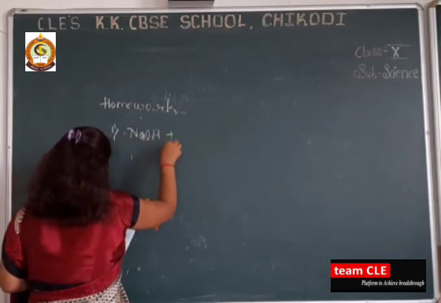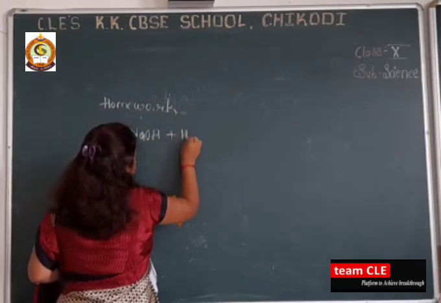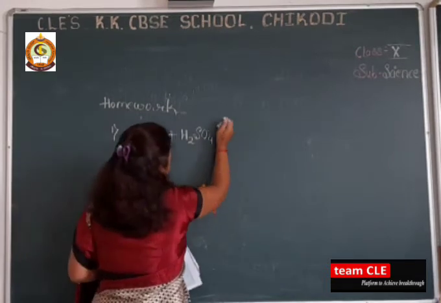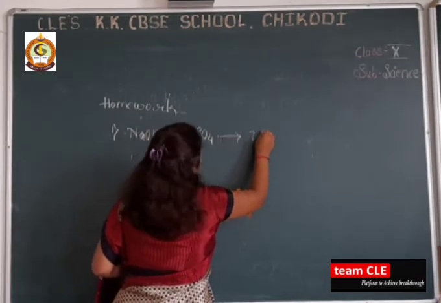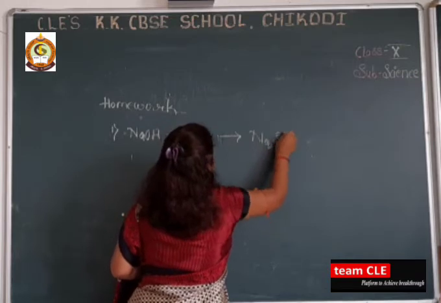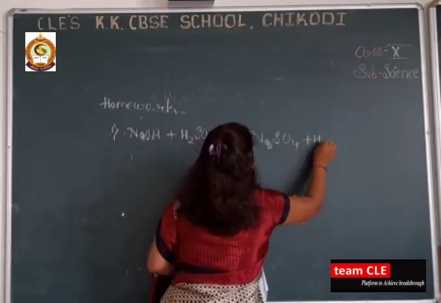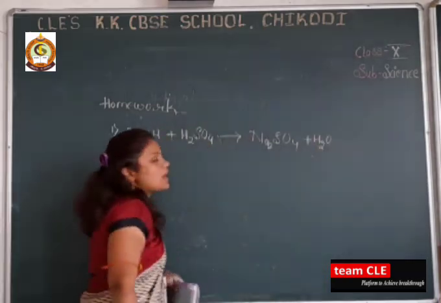NaOH plus H2SO4 which gives Na2SO4 plus H2O. This is our first equation for balancing.